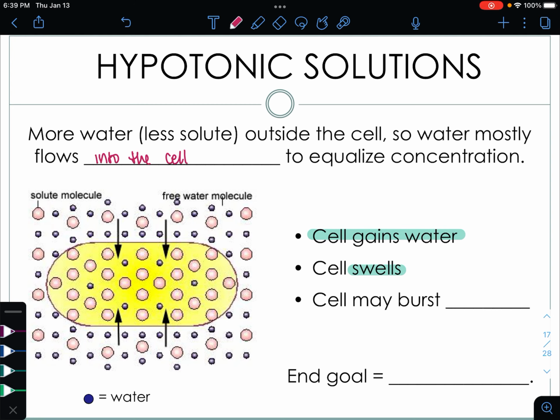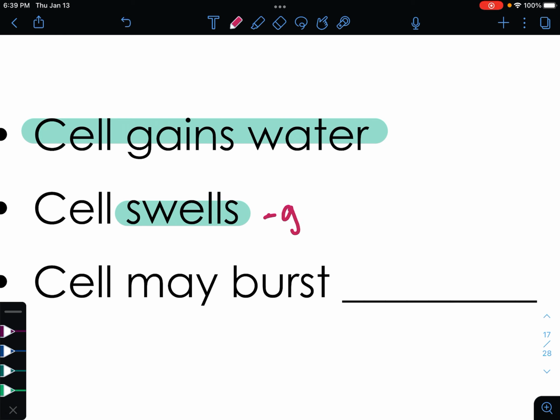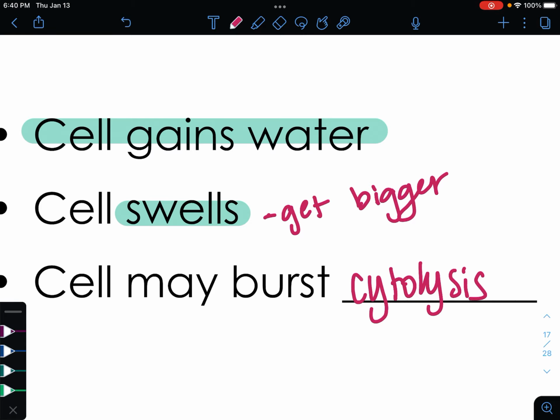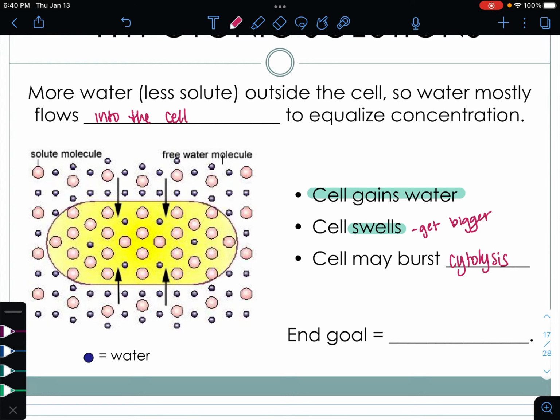Swell means to get bigger. Okay? And then in some cases, if the cell continues to get too big, the cell could burst, and this is called cytolysis. So cyto is cell, lysis means to break. And again, our end goal is always going to be equilibrium.